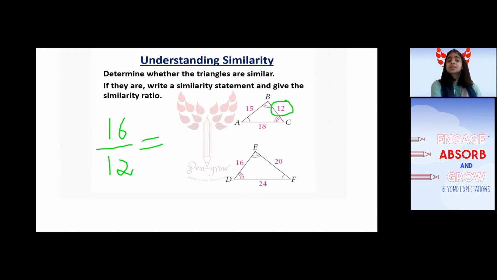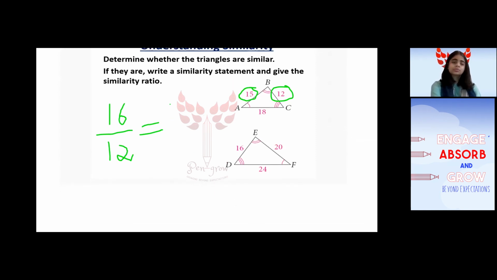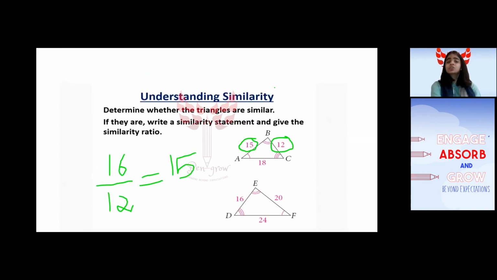But if you're writing 16 on the top, then here also you will write 20 on the top, because you've taken this triangle first. And 20 over 15.